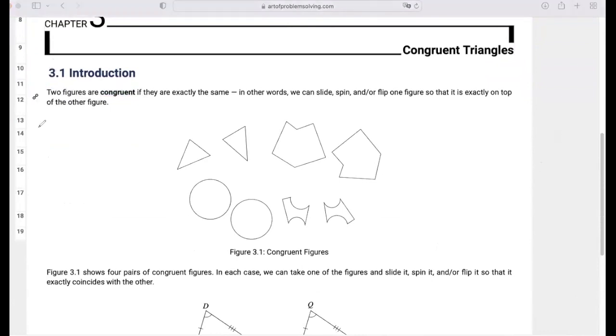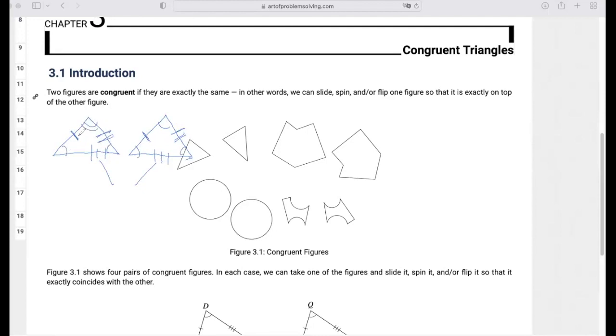So let's move on to congruent triangles. If, for example, these two are exactly the same, all the sides are the same. This just means this side is equal to this one, the 1 is equal to the 1, and the 2 is equal to the 2. And all the angles inside are the same.